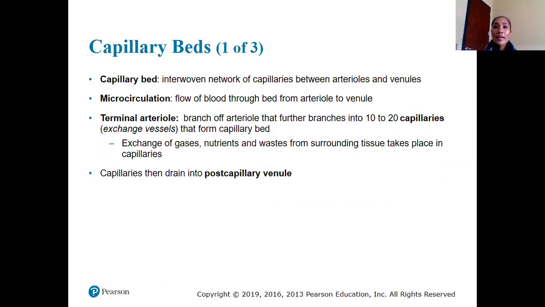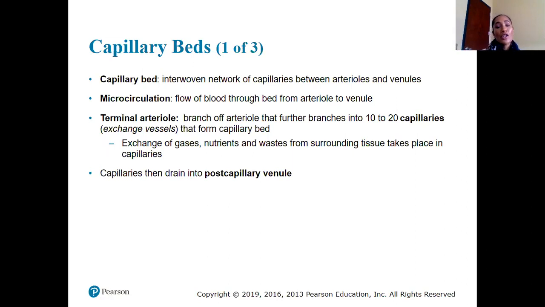Okay, so the capillary bed is going to be an interwoven network of capillaries. When I think of a capillary bed, I think of this network of structures that are going to be between the arterioles, the system that's going to be delivering oxygen-rich blood to our tissues, and the venules that will be taking away low oxygenated blood back to the heart.